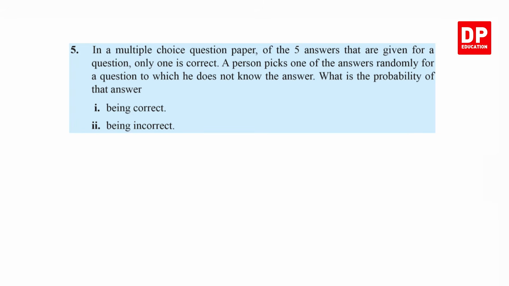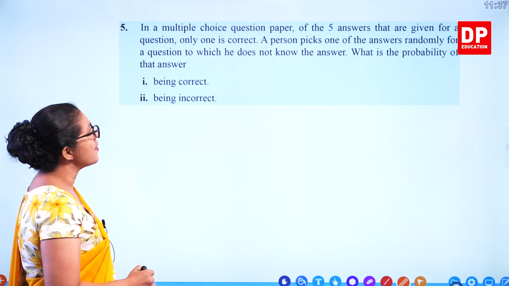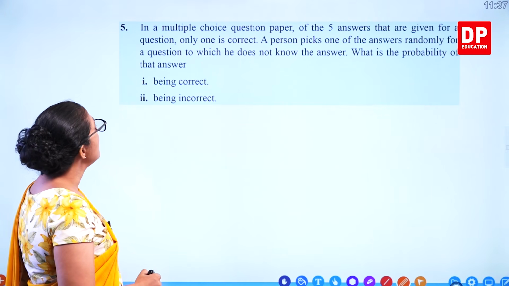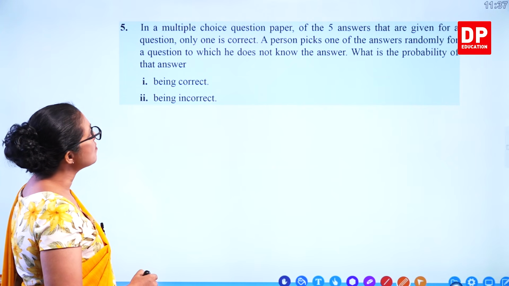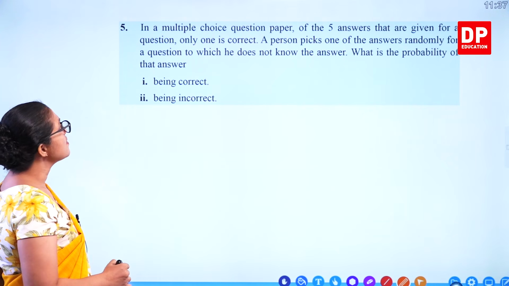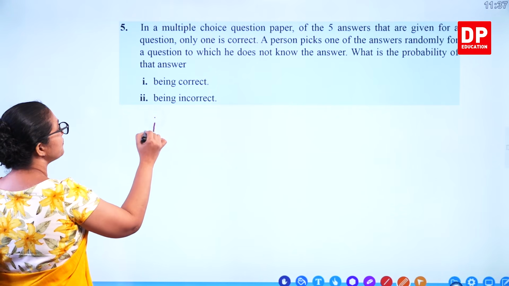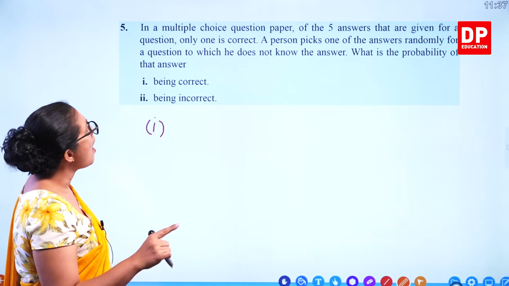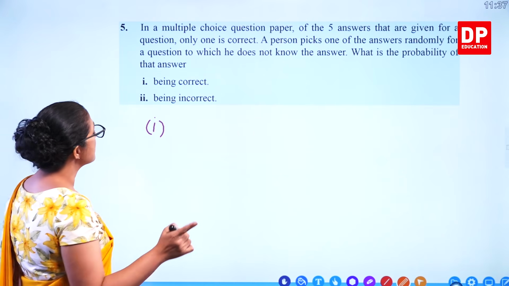In a multiple choice question paper, of the 5 answers that are given for a question, only 1 answer is correct. A person picks one of the answers randomly for a question to which he does not know the answer. What is the probability of that answer being correct? So only 1 correct answer out of 5 answers.